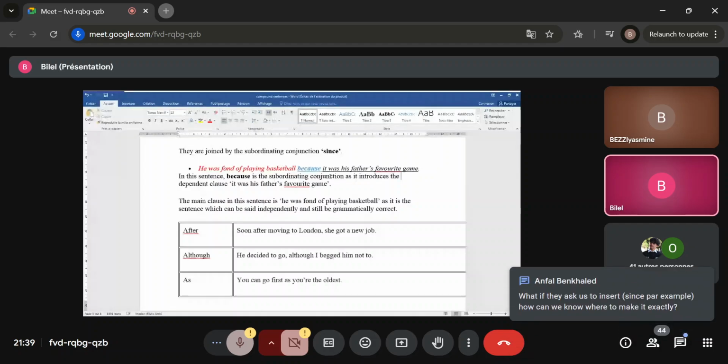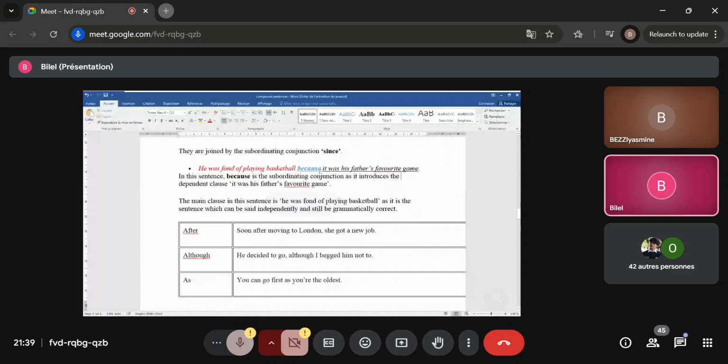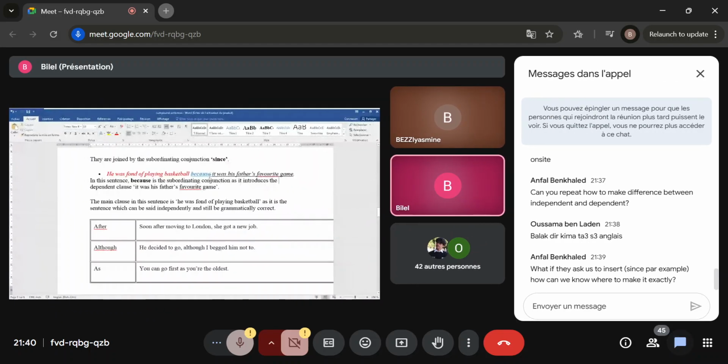Here it is. Because. So this is the subordinating conjunction. It comes before this part of the sentence. It means all of this part of the sentence is the dependent clause. The other part of the sentence is the independent clause.